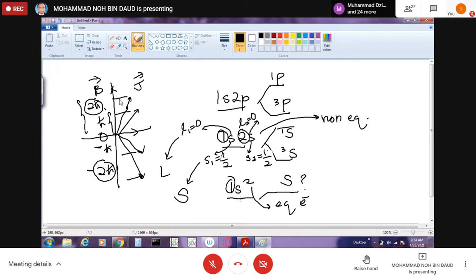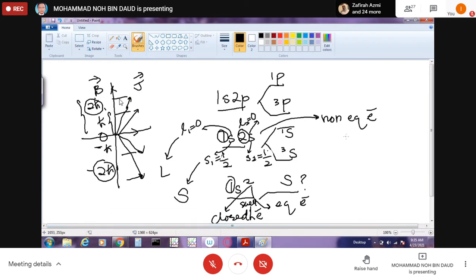And in this electronic configuration, this orbital is fully occupied, and this is also a closed-shell electron. Now we can assign 3 different kinds of electrons: the closed-shell electron, the equivalent electron, and the non-equivalent electron.